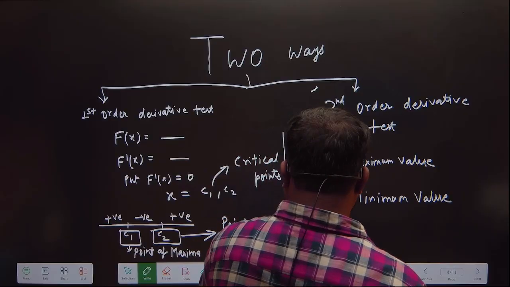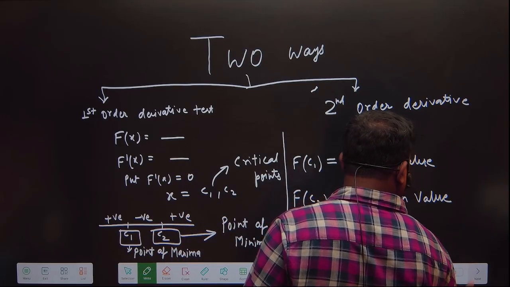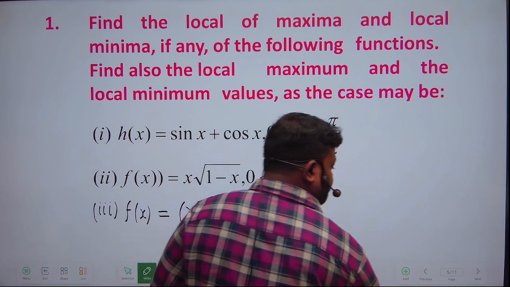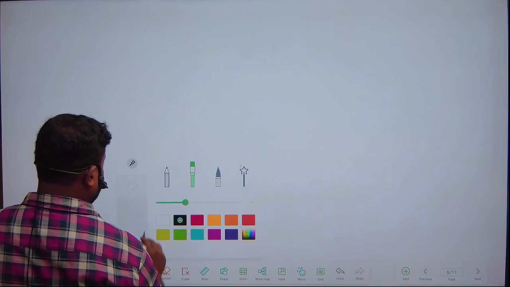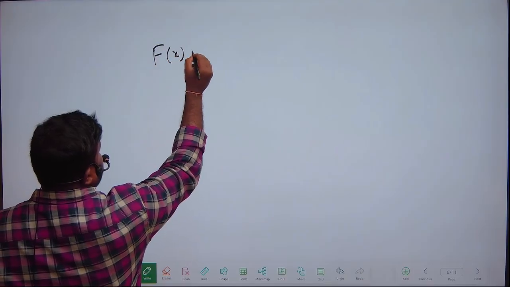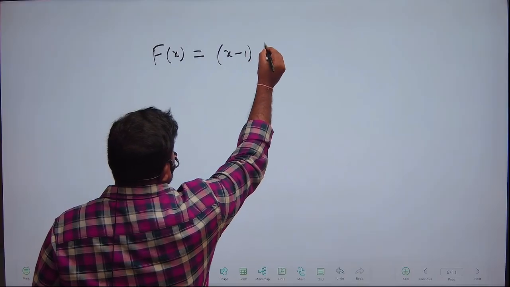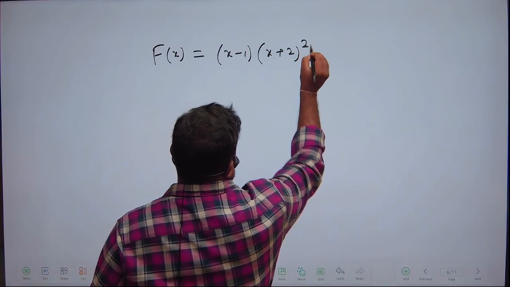Okay, now I'm going to take one example and I will show you how to get the maxima and the minima, the maximum or the minimum value. I'm taking one example: f of x is equal to x minus 1 times x plus 2 squared.